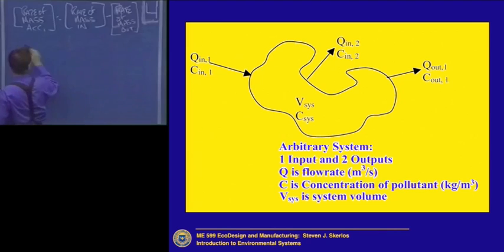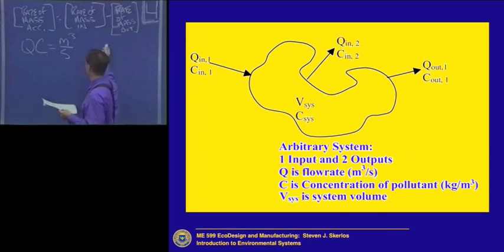So if I look at the product of Q and C, Q is in cubic meters per second. C could be milligrams per liter, or let's just say milligrams per cubic meter here to make it easy. And we have basically mass per time.